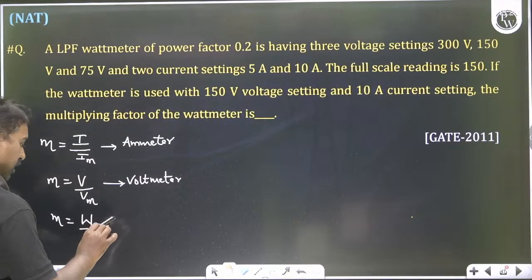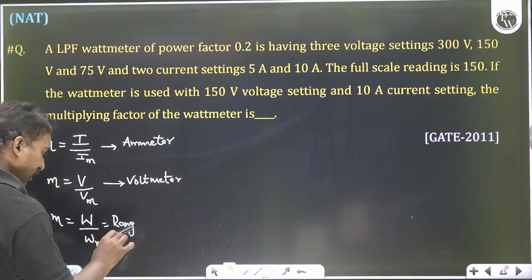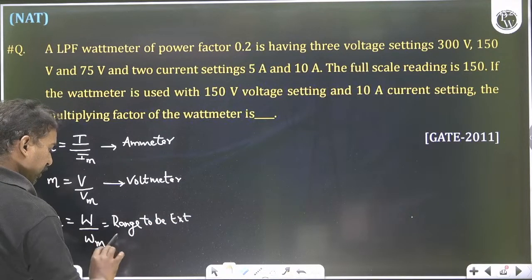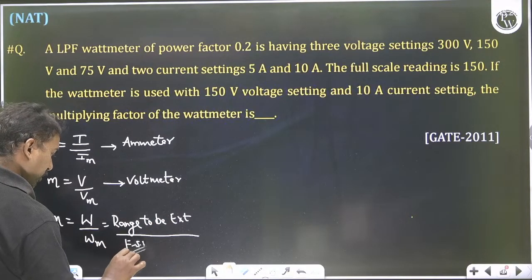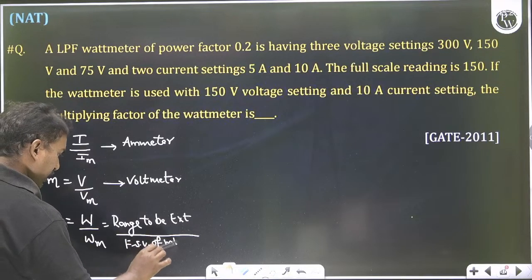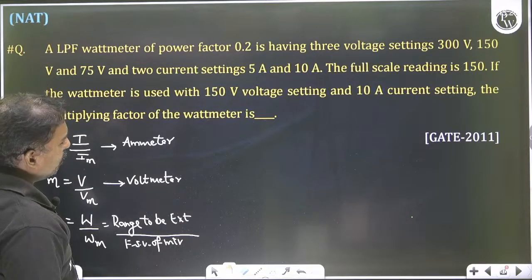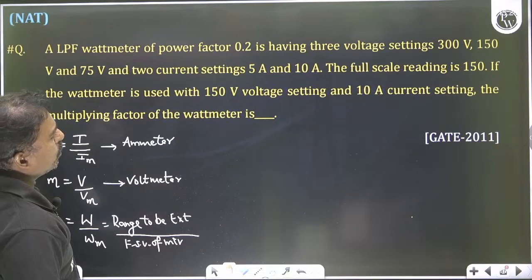So this is the range to be extended, and this is the full scale value of the meter. So how to do now? In this question, he is using power factor 0.2 having 3 voltage settings.